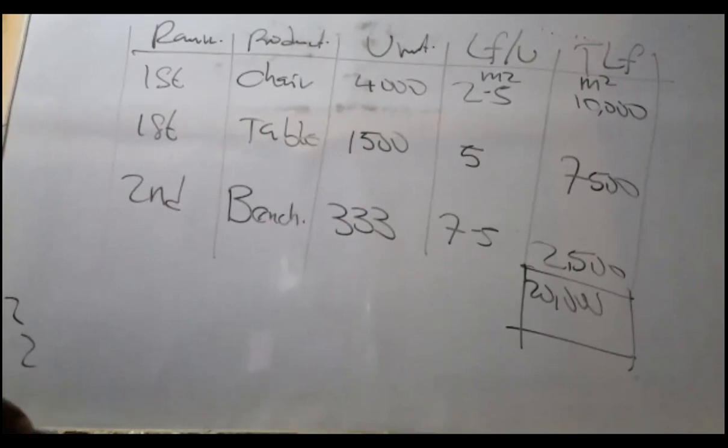Next we'll go and calculate the total contribution. So it means that definitely you might not be able to meet the order. Why?